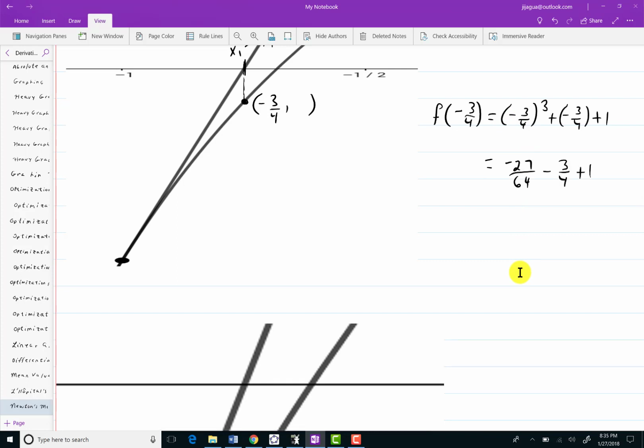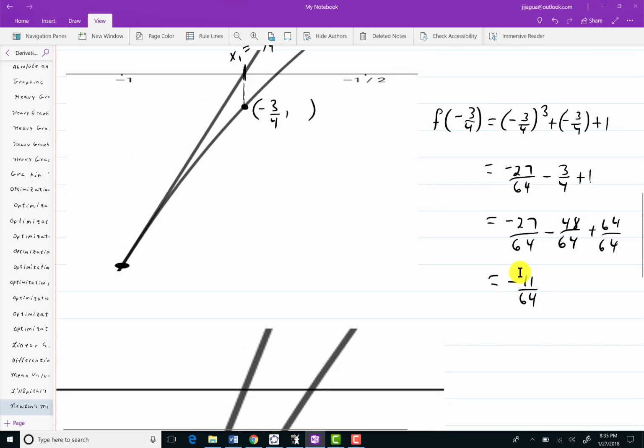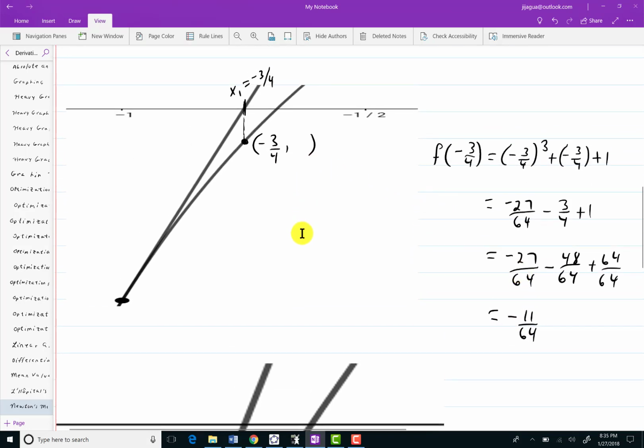Let me get it all over 64. And you'll find that this equals negative 11 over 64. So this point here is negative 11 over 64.